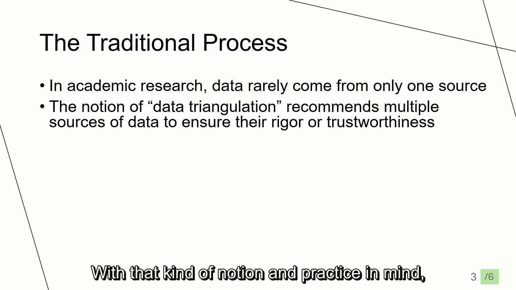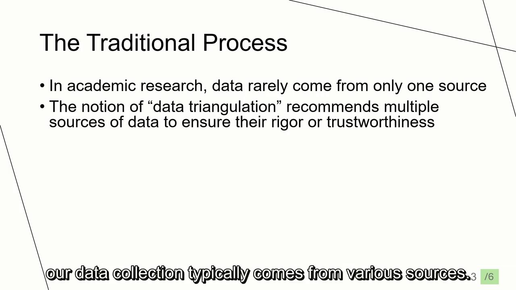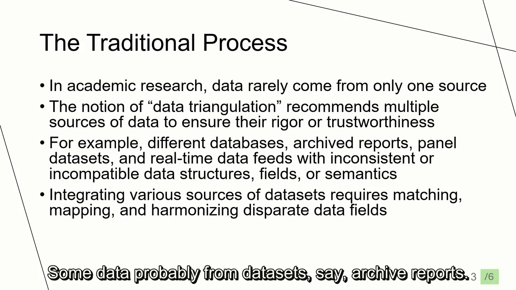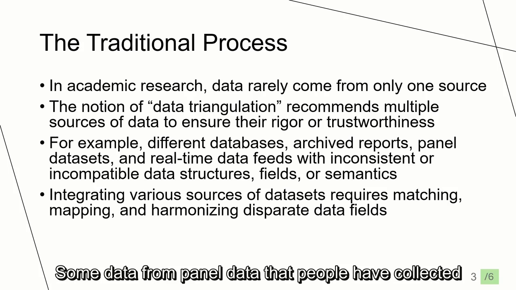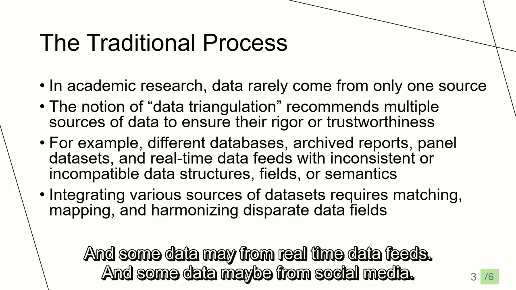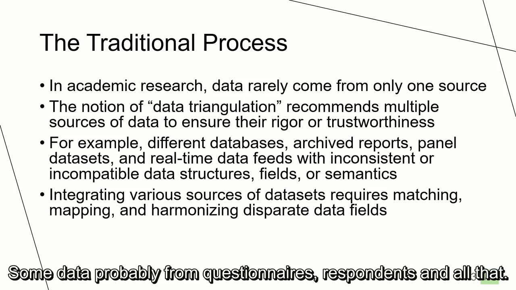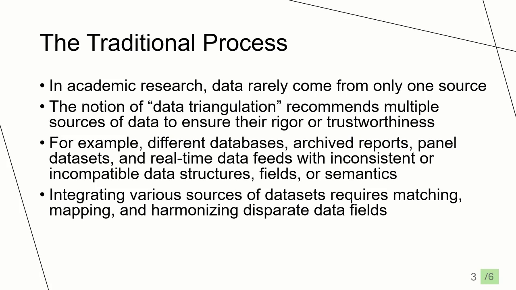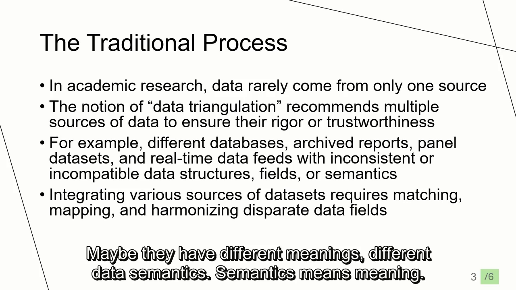With that notion and practice in mind, our data collection typically comes from various sources, and therefore may have different kinds of issues in different sources. Some data probably come from data sets, say archived reports, some from panel data that people have collected and we borrowed or bought, some from real-time data feeds, some from social media, and some from questionnaires and respondents. So they may have different data structures, different data fields, different names, and different data semantics.